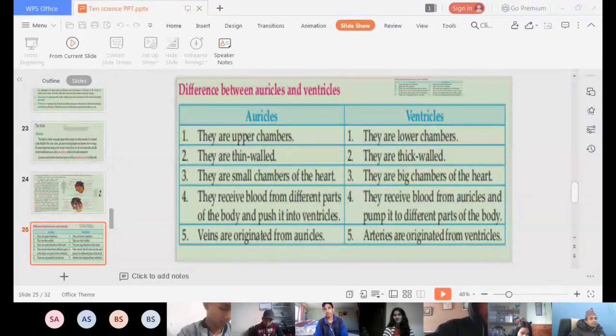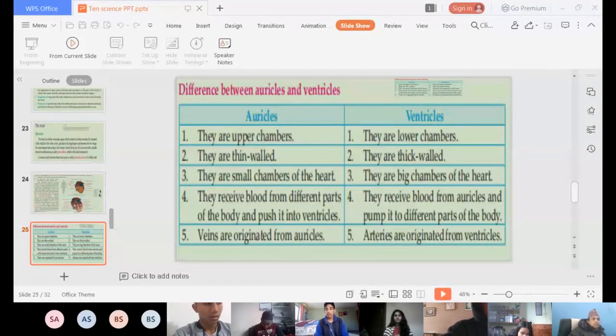Next, auricles receive blood from different parts of the body, and ventricles receive blood from the auricles and pump it into different parts.